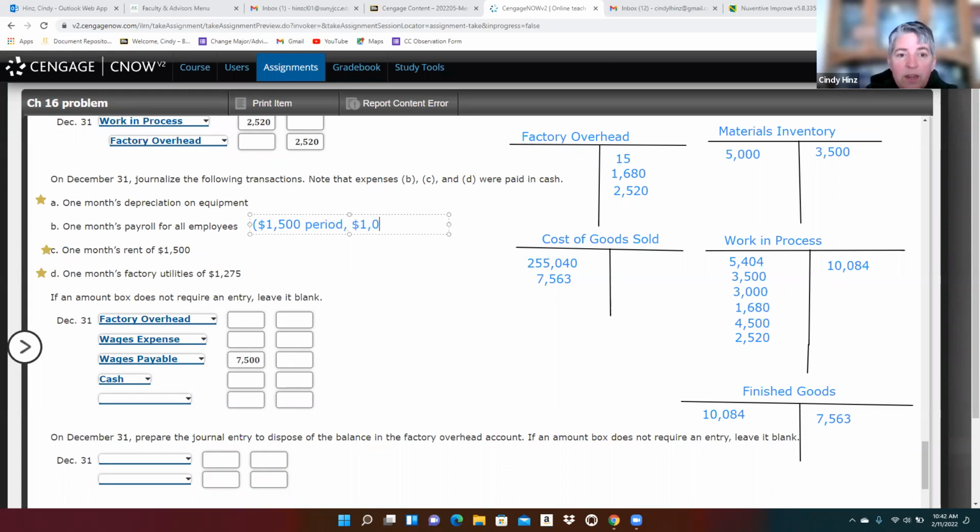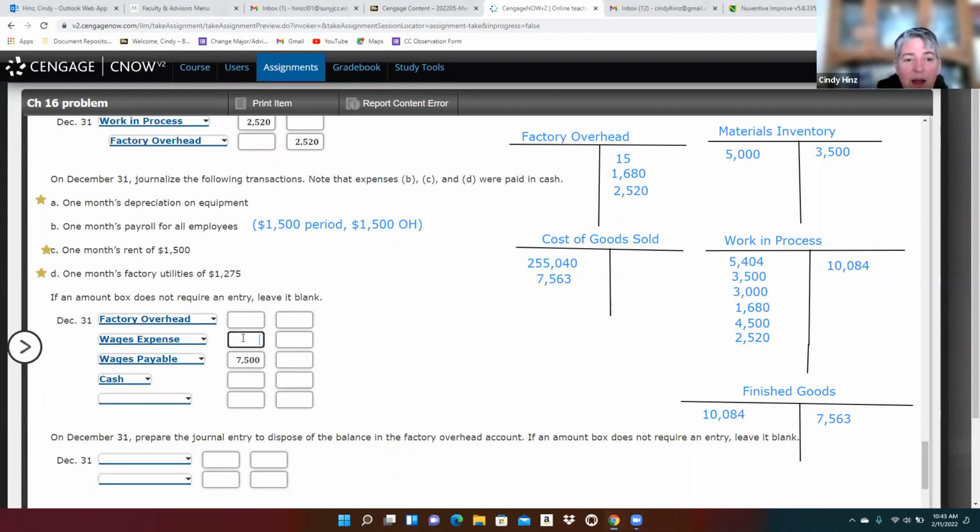And the other $1,500 is the factory overhead. I'm just going to abbreviate it like that. Okay, so do you see where that came from? $36,000 for the year, that's $3,000 for the month. Of that $3,000, half the time is a period expense for managing the office, and the other part is knitting supervisor, and that's a factory overhead indirect labor.